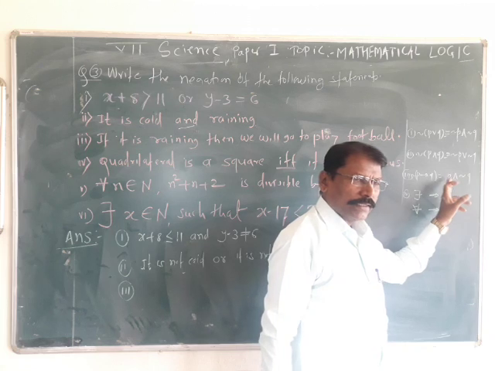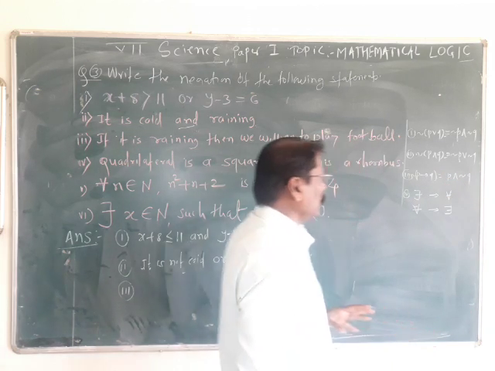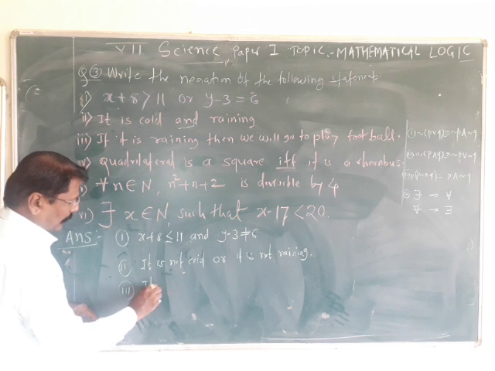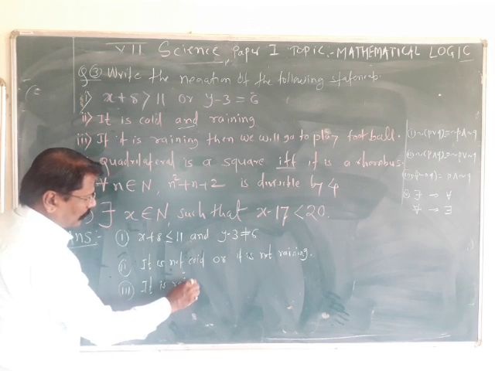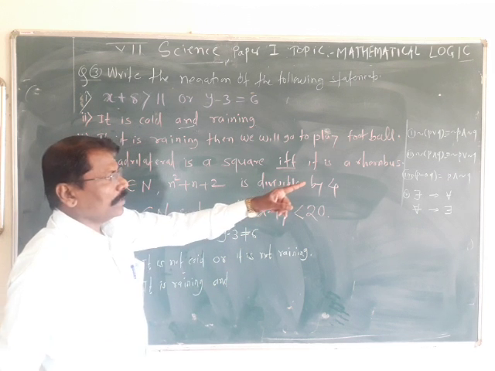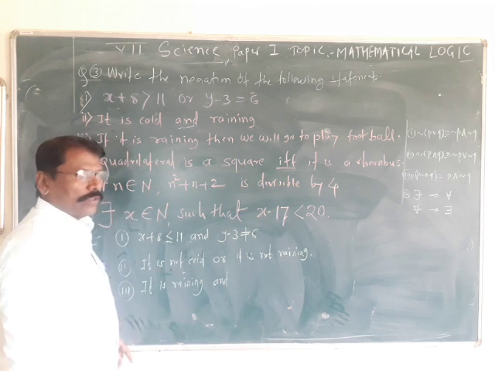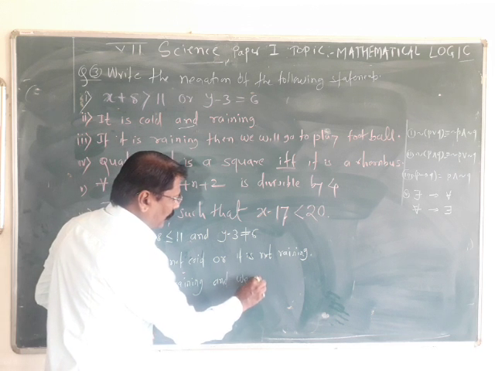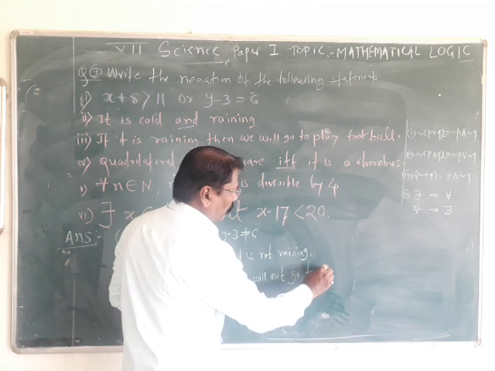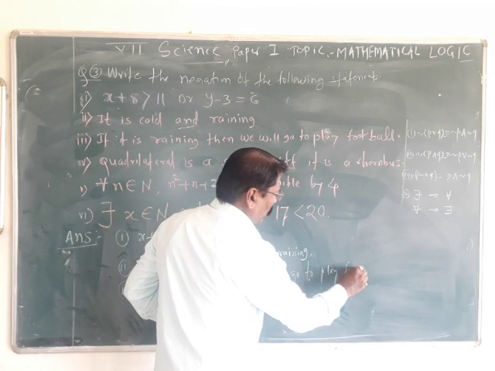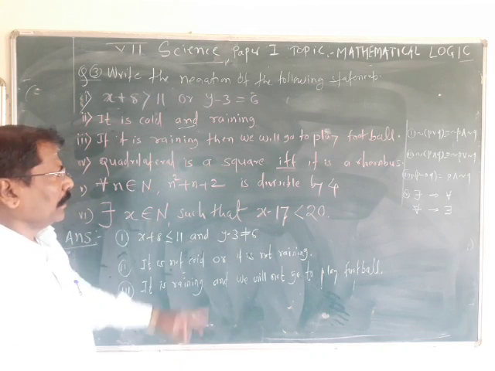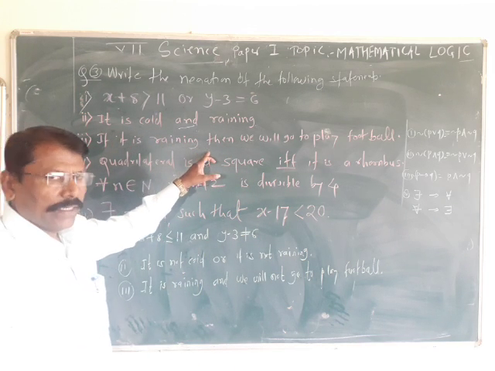So P remains as it is and with negation of Q. That is, P means it is raining and not Q, that is, we will not go to play football. Okay, is it clear?